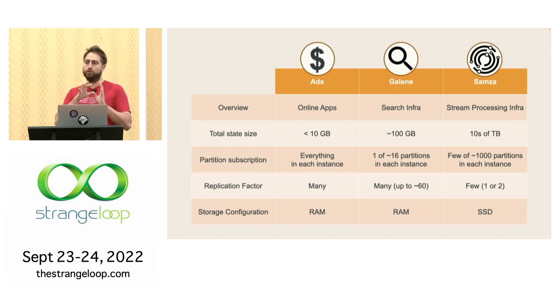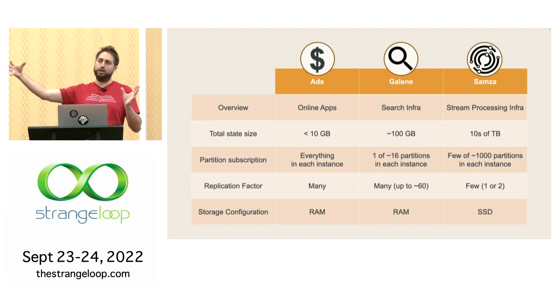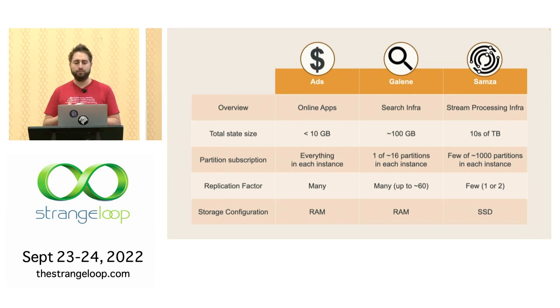And so what they will do is they will partition in a much more fine-grained way. So they will do 1,000 partitions, sometimes 2,000 partitions, and each instance will have just a few of them, maybe 1, 2, or 4 partitions in each stream processing container. For stream processing, typically you don't need a lot of replicas. 1 is fine, maybe 2 if you want a warm standby. So again, this is a use case that has, let's say, 1,000 containers doing stream processing. All of them are subscribing to a Venice data set. And in this case, they shove it in SSDs because it's more cost effective for them this way.